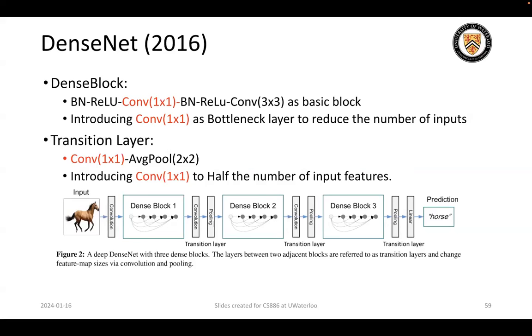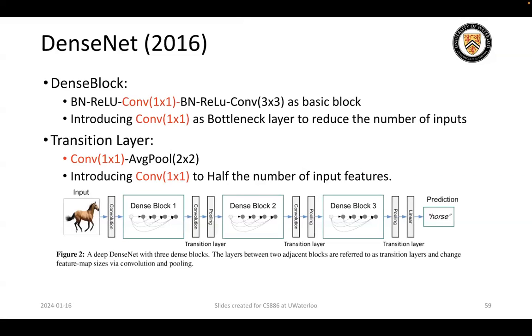The transition layer is a 1-by-1 convolution followed by 2-by-2 average pooling. Here, they use the 1-by-1 convolution to halve the number of input features. So here we have a figure of a deep DenseNet with 3 dense blocks. The layers between 2 adjacent blocks are referred to as transition layers, and they change feature map sizes via convolution and pooling.